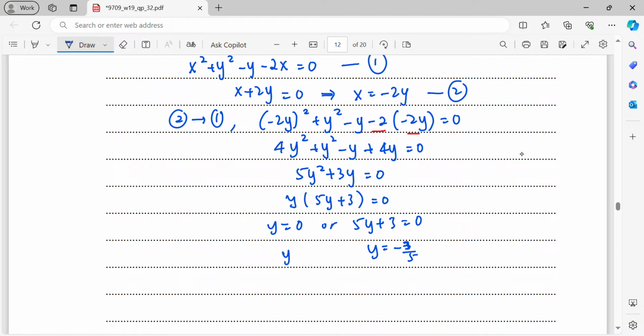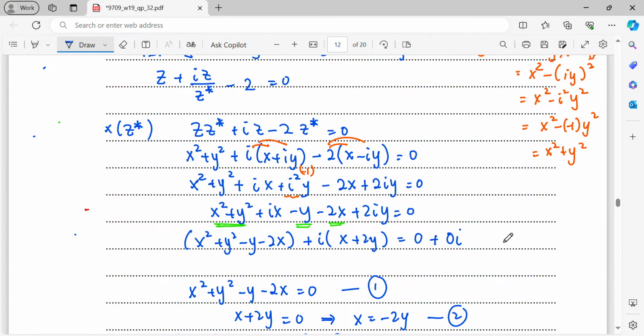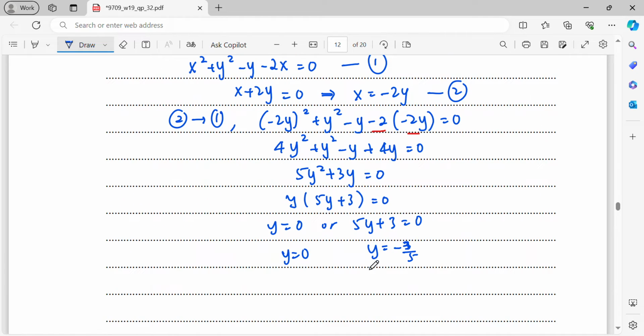So here I'm getting two y values, and when there are two y values, I need to check. Once you have found the y, you can just substitute into the first or second equation to get the x. Obviously the second equation is easier because x is just minus 2y. So now I substitute into the second equation. When y equals to 0, x equals to negative 2 times 0, that is 0.